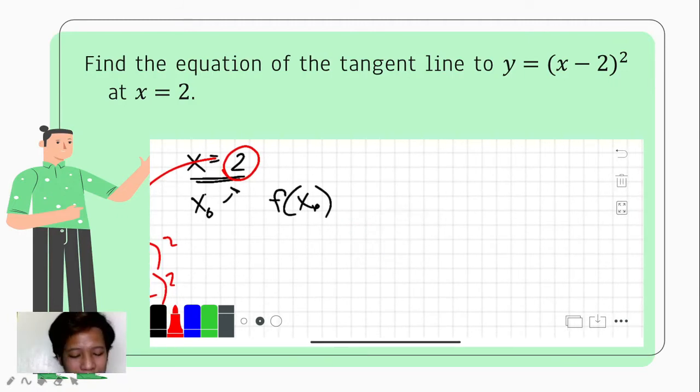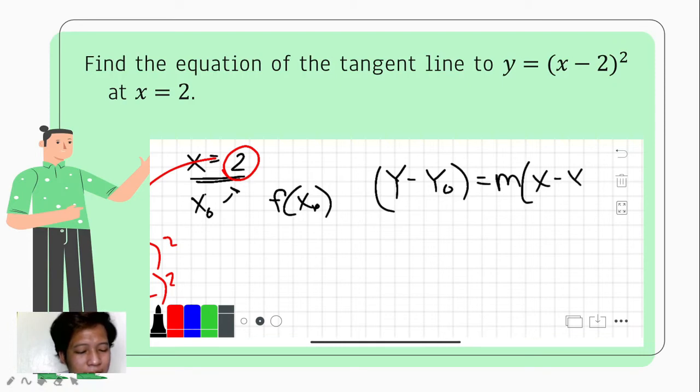For us to get that, we are given the point slope form: y minus y sub 0 equals the slope times x minus x sub 0. So now we have y minus our y sub 0, which is 0, because that is what we computed earlier, equals the slope, which is 0, times x minus our x sub 0, which is 2.